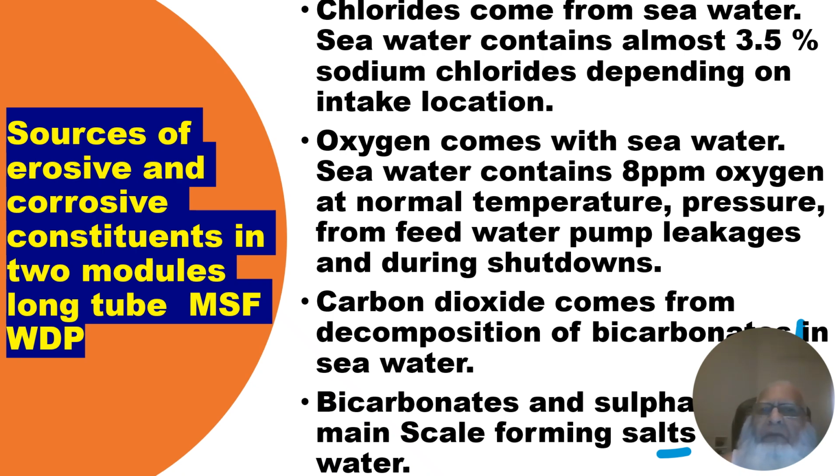Seawater contains 8 ppm oxygen at normal temperature and pressure, from feedwater pump leakages and during shutdowns. Carbon dioxide comes from decomposition of bicarbonates in seawater. Bicarbonates and sulfates are main scale-forming salts in seawater.